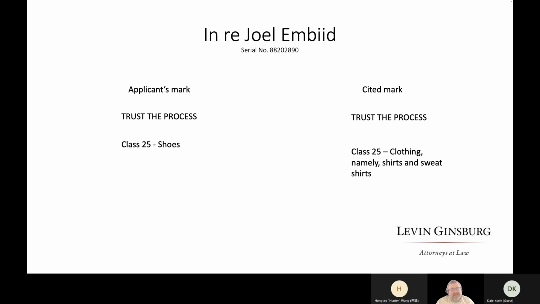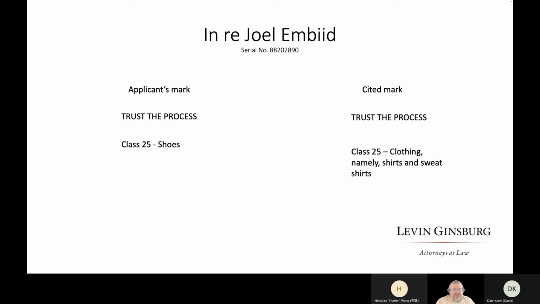But in this case, that was not before the board, and so they denied the application to proceed. They upheld the examiner's citation of the Trust the Process registration. Interesting facts, and we'll have to see whether or not the one on the left gets reapplied for with a limitation. Kind of fun.